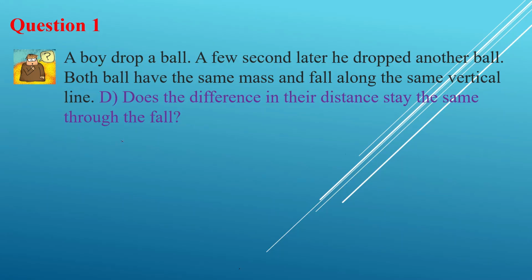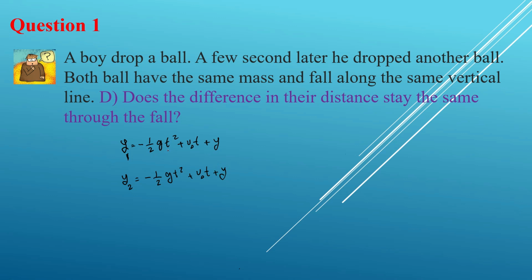So what I'm going to use is this equation. It's going to be minus one half gt squared plus vt plus y naught. This is for the first one, and for the second one I'm gonna go with this equation, the same one.